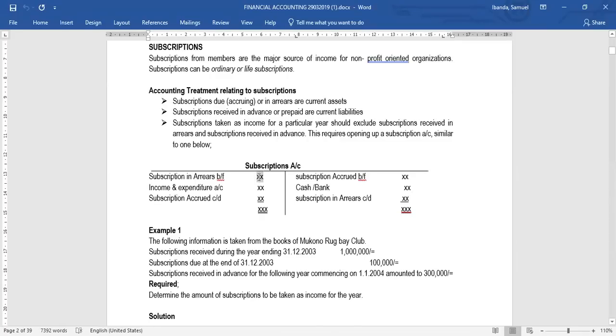Okay, then when we are closing up our books, we shall have the figure right here on the credit side, and then in the next period it will be a balance brought down on this other side. Okay, so this 100,000 within my accounts, I'm not going to record it on the debit side because it's not an opening balance, it's actually a closing balance. Okay, so I'll record it on the credit side.